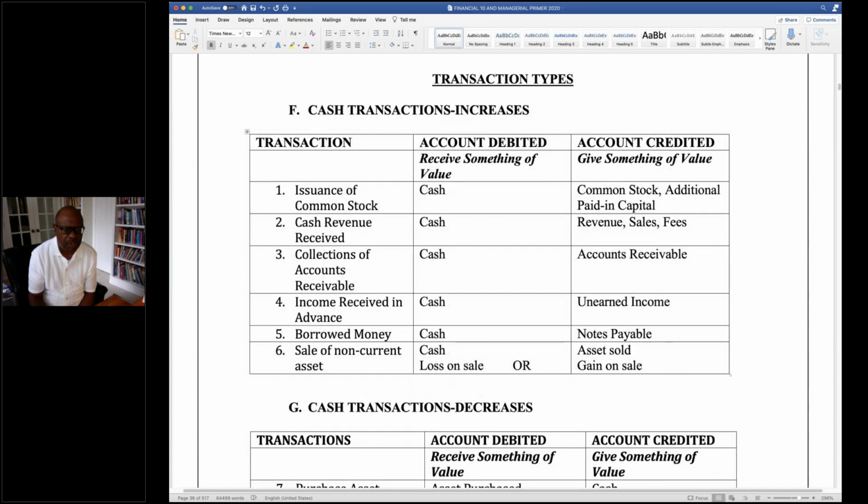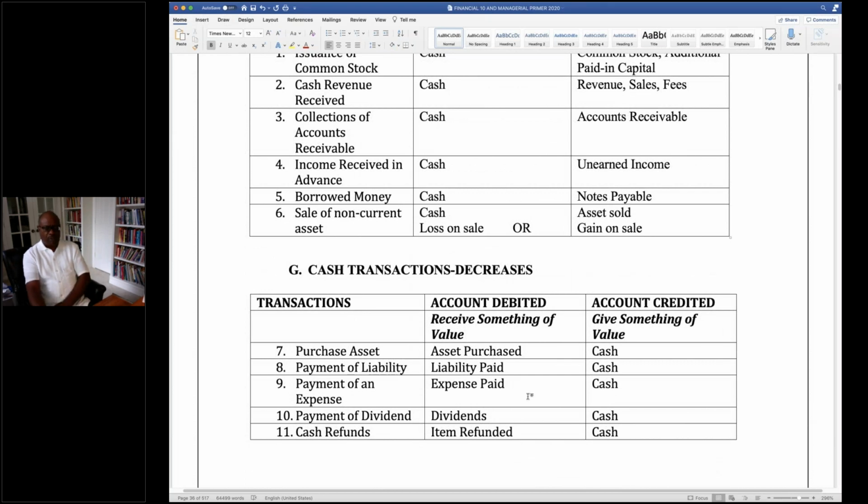Then I tell you, if you had a 7 through 11, you have to credit cash. So when cash went out, you credit the cash. So if you purchase an asset, you pay a liability, if you pay an expense, you pay dividends, if you do a refund, you have to credit cash.